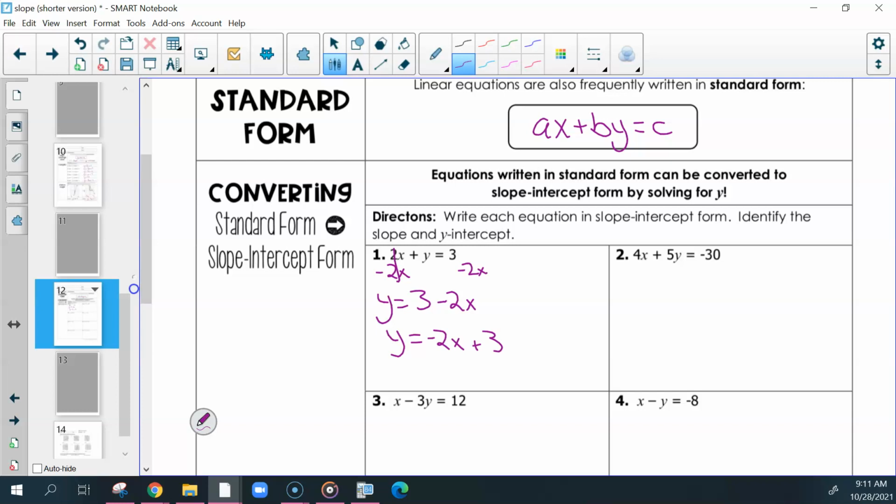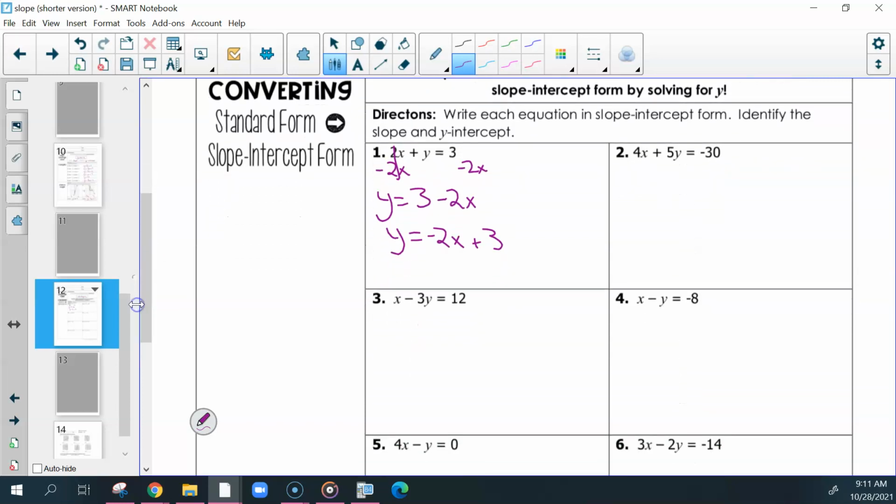So with that one, it was one of the simpler ones because there were really just 2 steps, because you had to switch it. In the future, you can switch it right away instead of writing it as 3 minus 2x. Let's do an example like number 2.